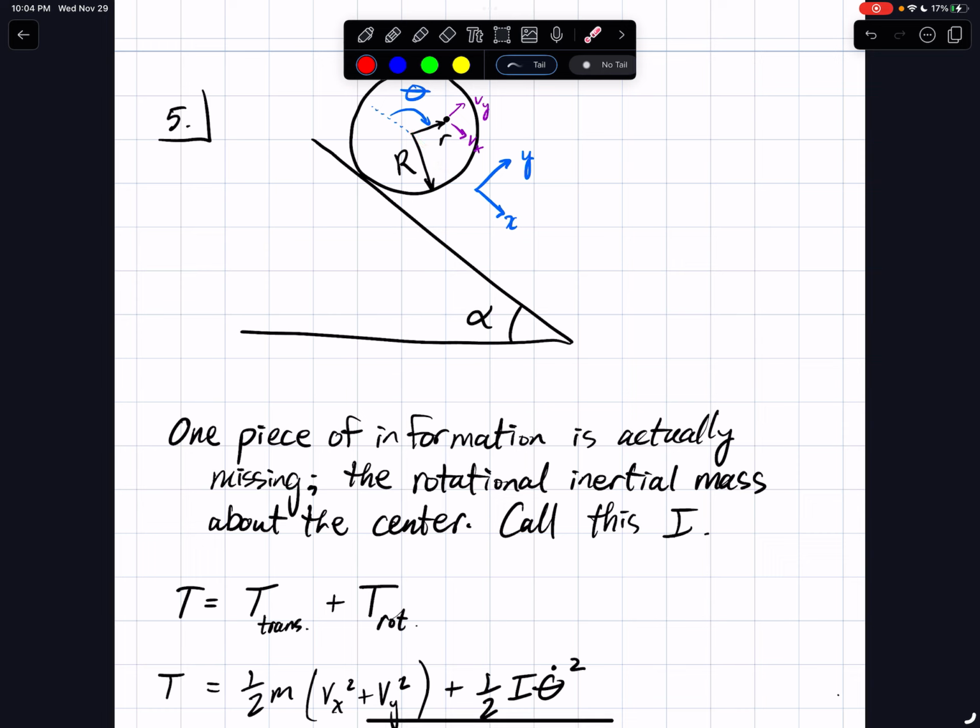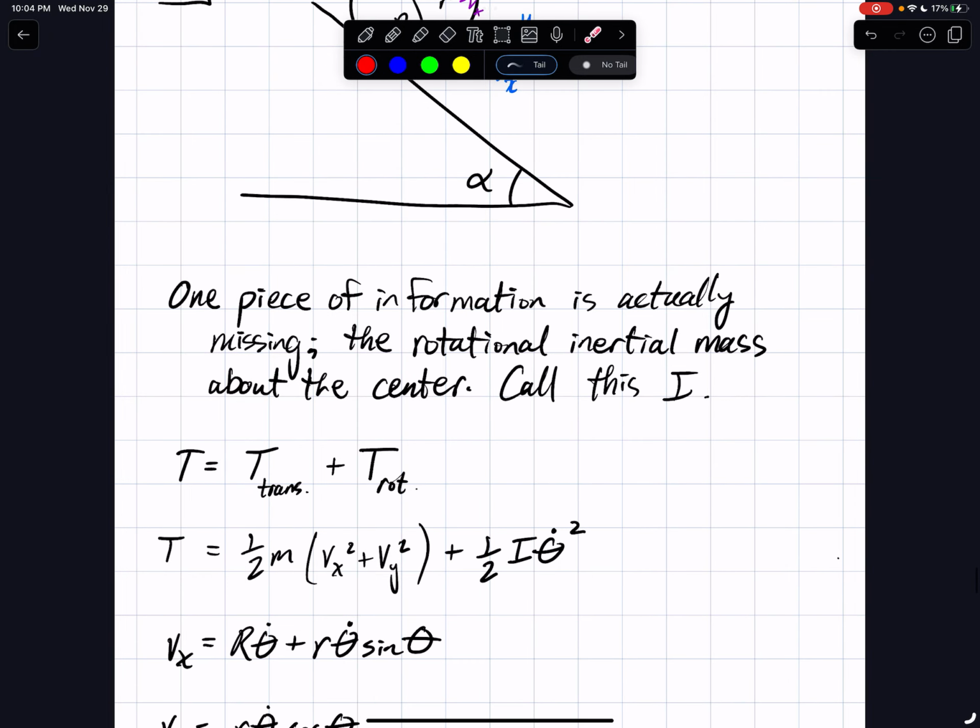So there's relative motion here. You've got the total mass moving like this, and then this point is moving relative to the center. Now, how fast the ball itself is moving is just given by big R theta dot. So this term here is how fast the center of that ball is moving. And this second term here is how fast the center of mass is moving relative to the center of the ball.